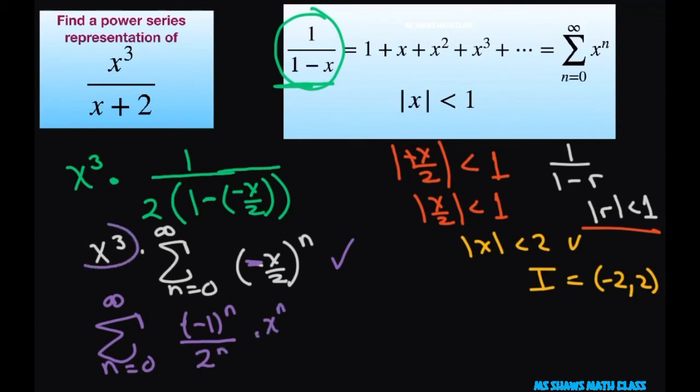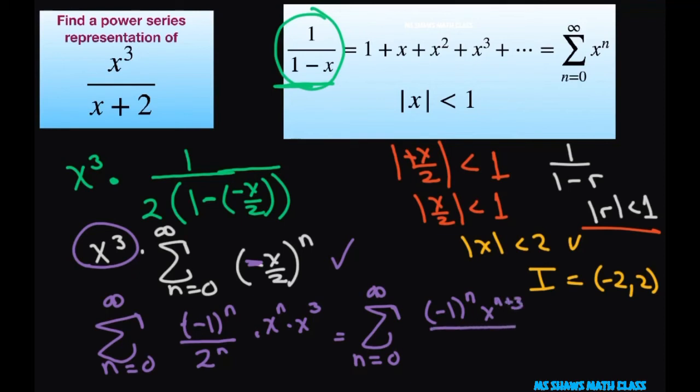And if we multiply, this would be times x cubed. So this ends up being the sum, as n equals 0 to infinity, of negative 1 to the nth times x to the power of n plus 3, divided by 2 to the n plus 1. All right.